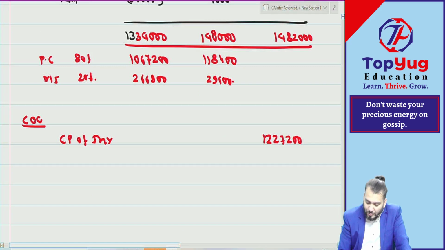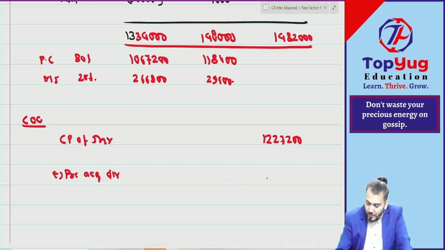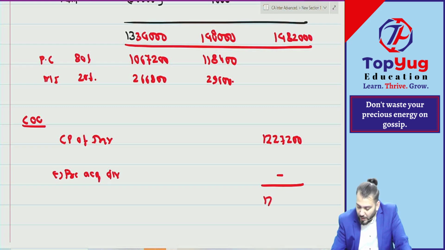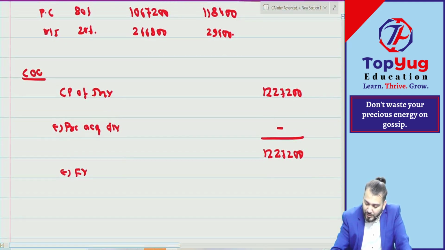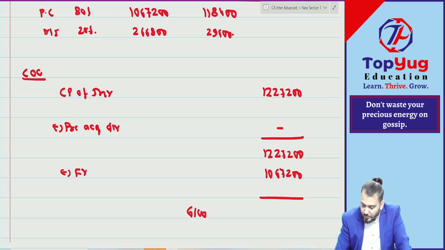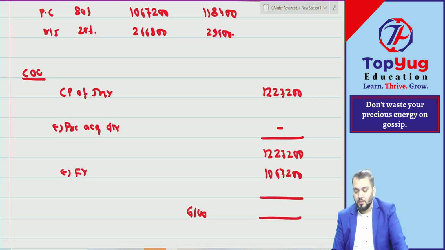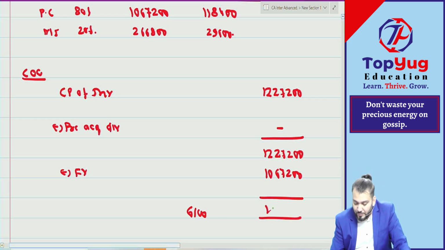Now from this what do we deduct? No, because it is correctly recorded. So it becomes 12,27,200 minus what? Fair value of net assets. Already we calculated this, 10,67,200. What is goodwill? 1,60,000.